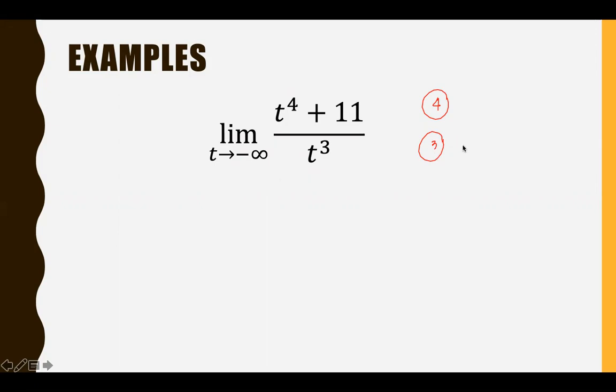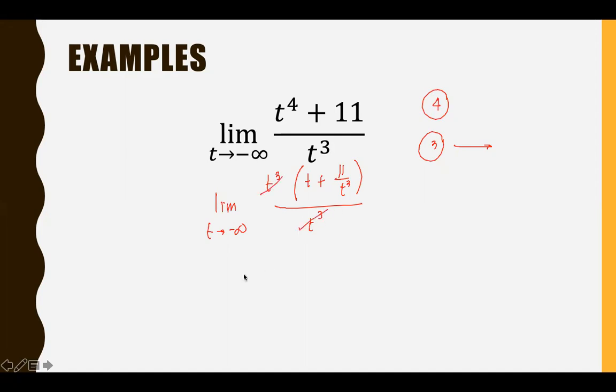We use the degree of the denominator, and that is to the power of 3. So we apply the pulling out thing wherein we pull out t to the power of 3. So it's t to the power of 3 times t plus 11 over t cubed. Then what happened here is just t cubed, right? So there is no need for us to pull it out.